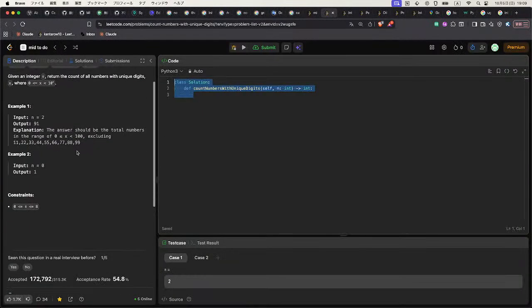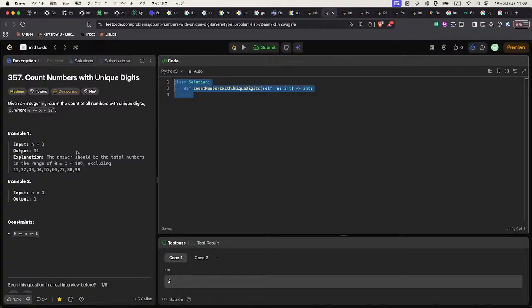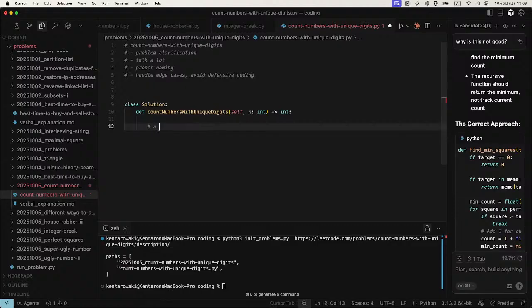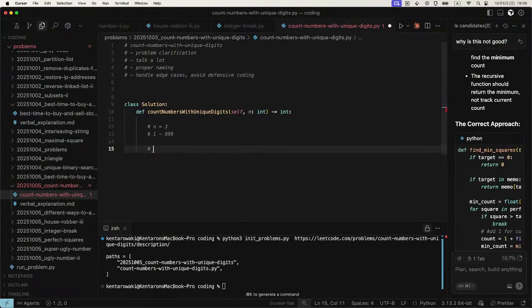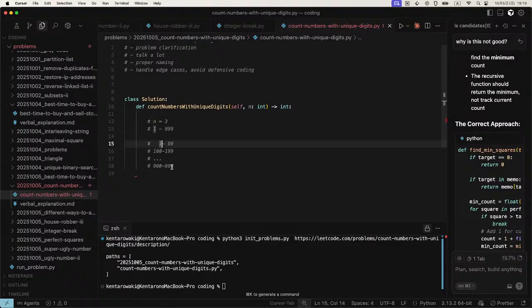And we have to think about the sub problems because if n is 3, we have to think about 1 to 999 inclusive, but 1 to 999 means 1 to 99, 100 to, like this, 900 to 999.